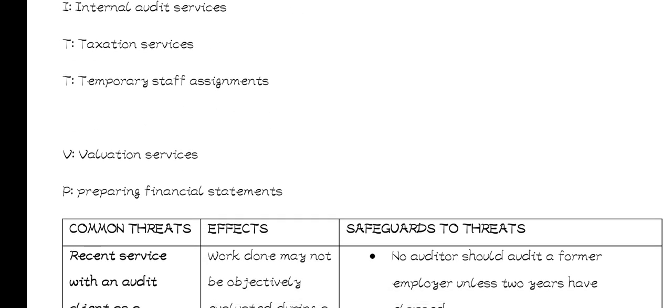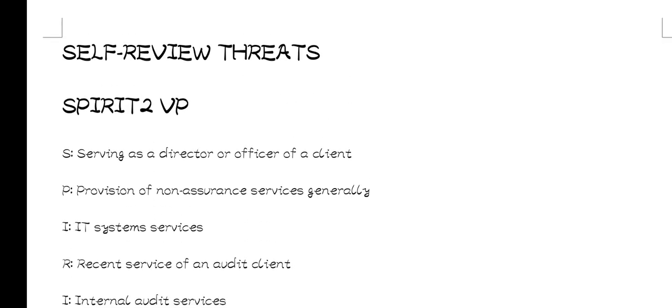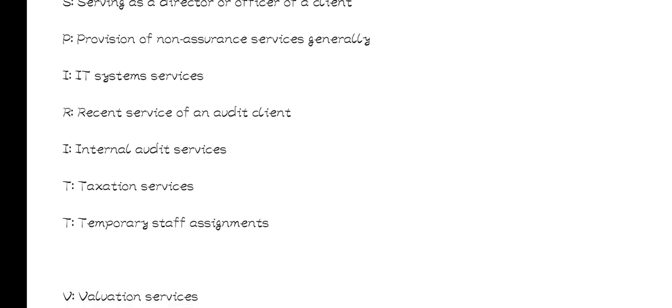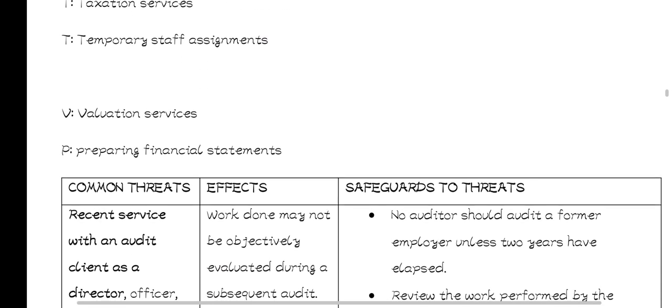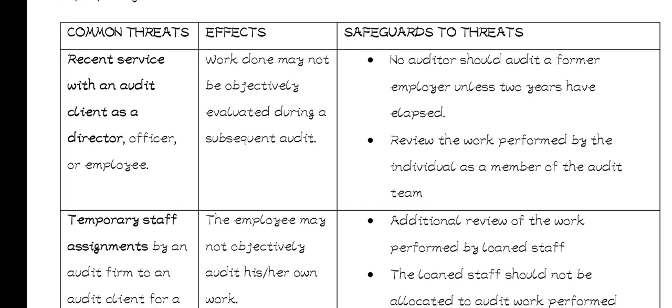V is for valuation services. And then P is for preparing financial statements. So the formula is SPIRIT VP. So we are going to look at each of them. We look at the threat, its effect, and then the safeguard.